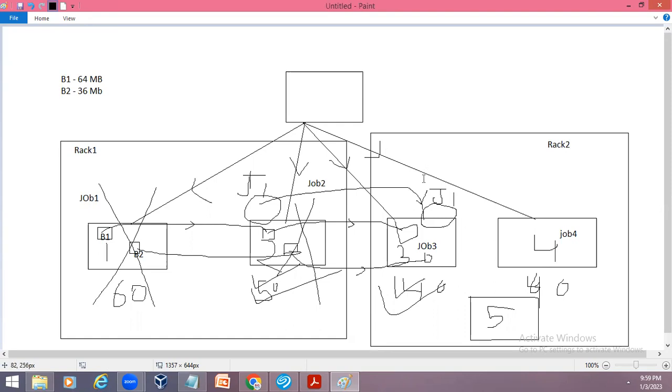Yeah, I understand now. But I don't get the hotel logic though. Sorry, come again? I don't know what hotel logic you mentioned.